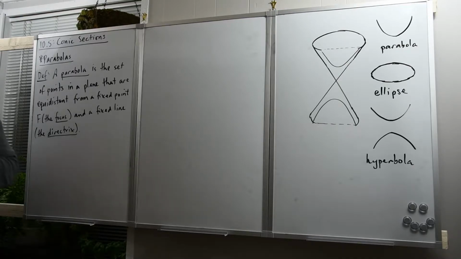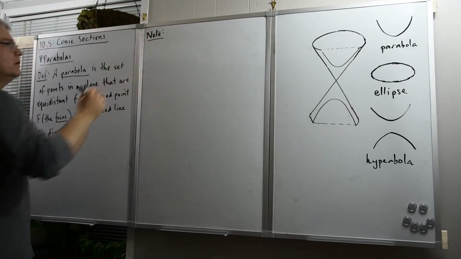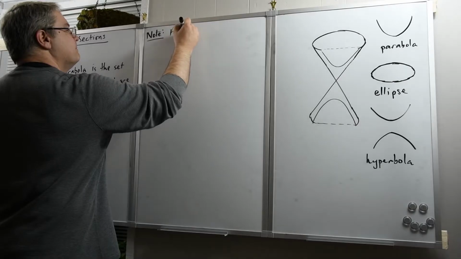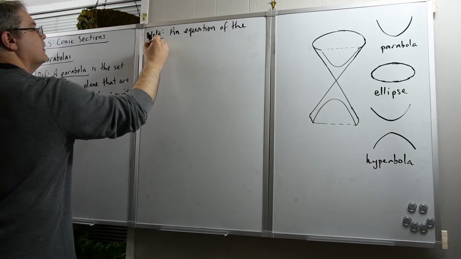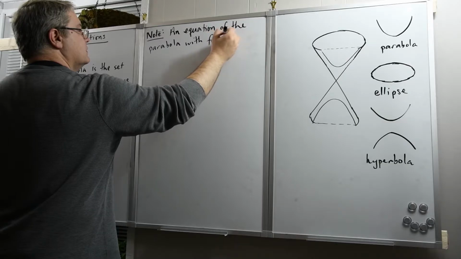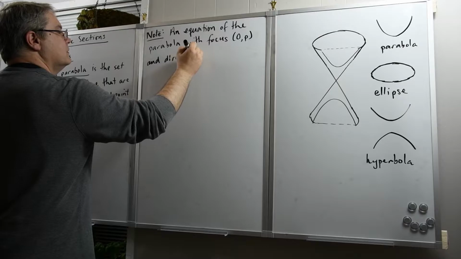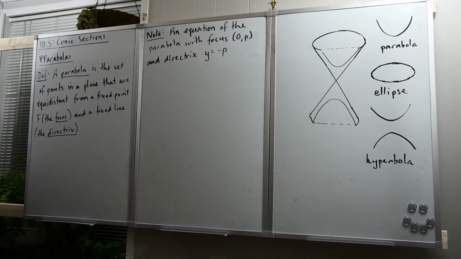Now I'm going to make a claim here regarding a standard form equation for these parabolas. An equation of the parabola with focus (0, p) and directrix y equals negative p is given to us by x squared equals 4py.